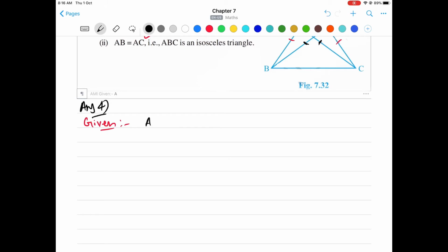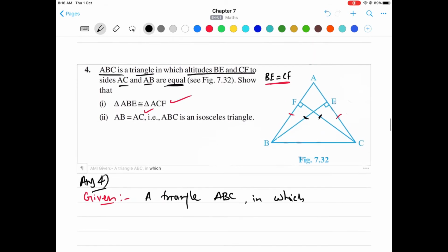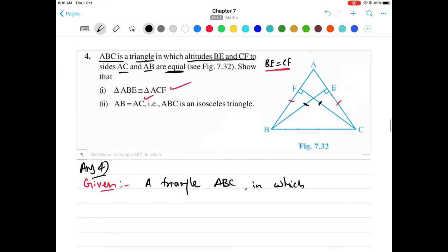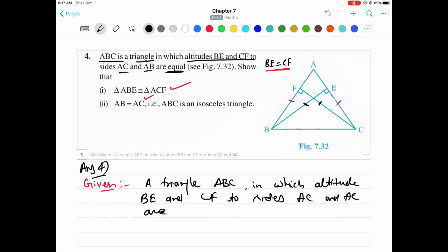So you will not write isosceles triangle, you just write a triangle ABC in which BE is altitude, BE and CF are altitudes, and the two sides AC and AB are equal.